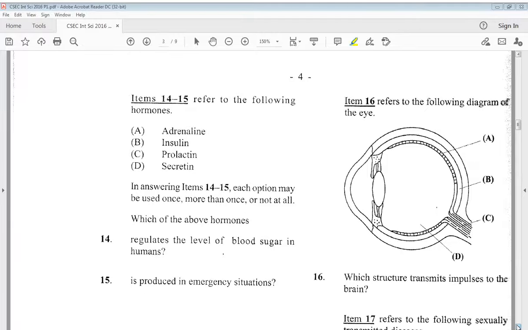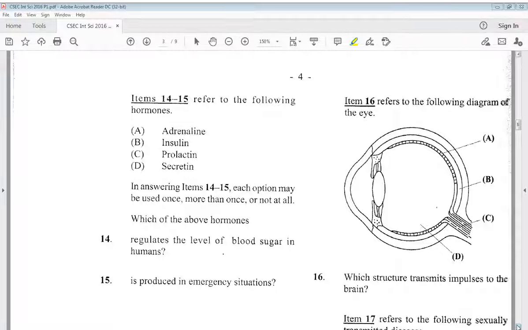So items 14 to 15 refer to the following hormones. A, adrenaline, B, insulin, C, prolactin, or D, secretin. So what would be your answer? In answering items 14 to 15, each option may be used once, more than once, or not at all.